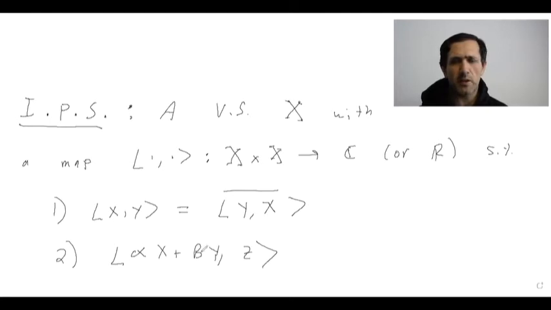So if alpha and beta are scalars, x, y, and z are in X, then this is just going to be alpha (x, z) plus beta (y, z).